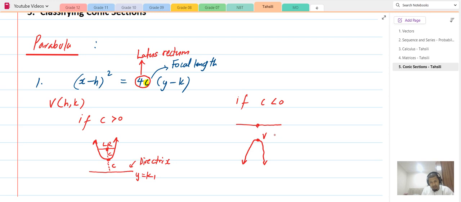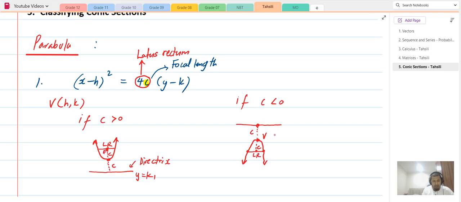The distance from the vertex to the directrix line is c, and the distance from the vertex to the focus is also c. And the horizontal distance passing through the focus point, which is parallel to the directrix line, is called the latus rectum.